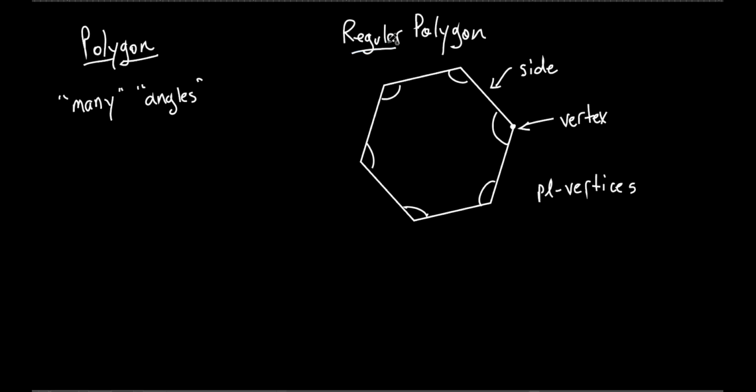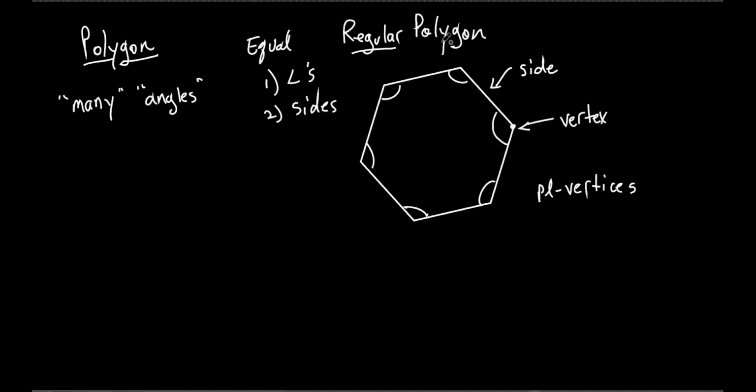Now, when it's regular, two things are equal. I shouldn't say the same; I should say they have equal angles and equal sides. So the sides are all the same and all the angles are the same. If it's a regular polygon, we're going to be doing a lot more with that later on in the book.